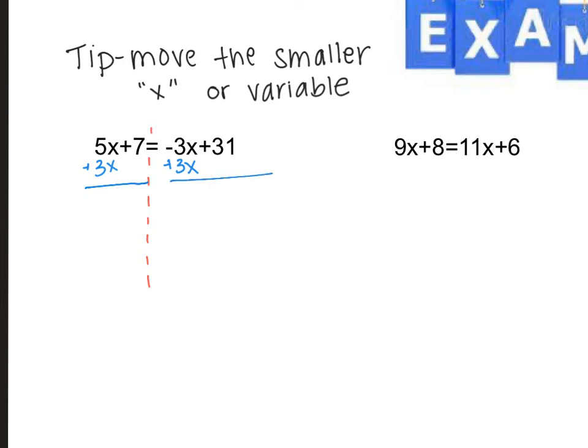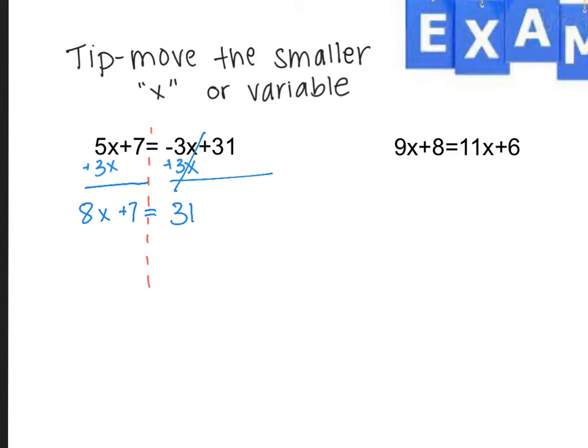So then we end up with here, that goes away, and 3x plus 5x, that's 8x, plus 7 equals, and what's left? 31. So we've solved that problem already. Now we have our x's all together, and it's just normal. We do the opposite operations. We do the order of operations backwards.